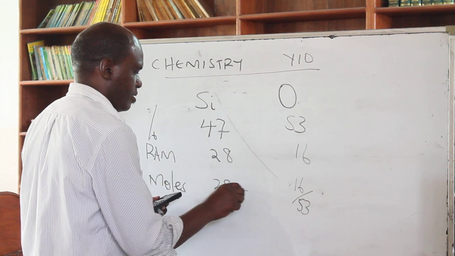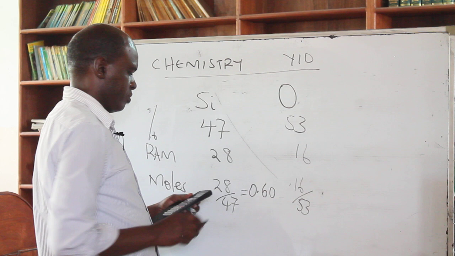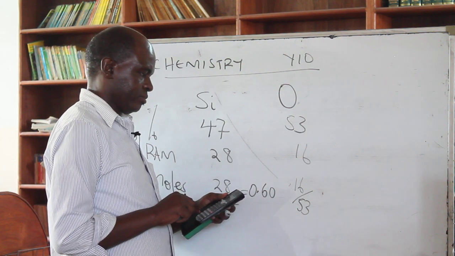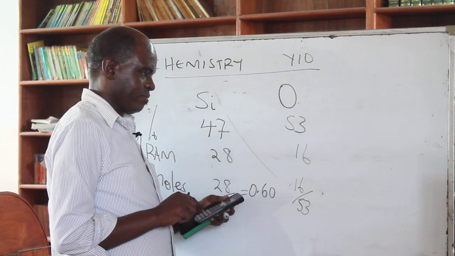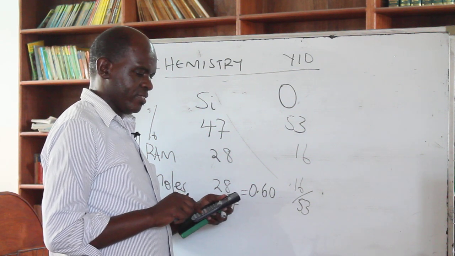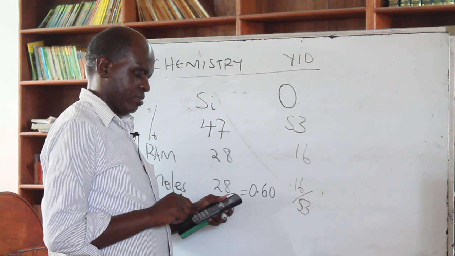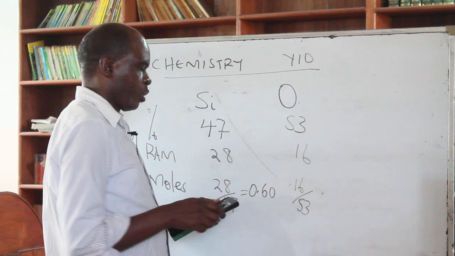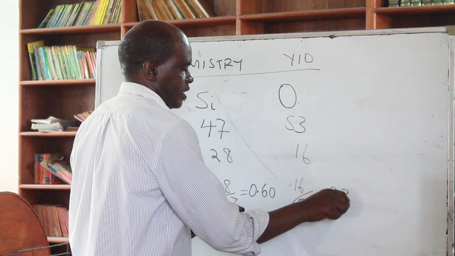This will be 0.60. Then we have 53 divided by 16. We get 0.30.